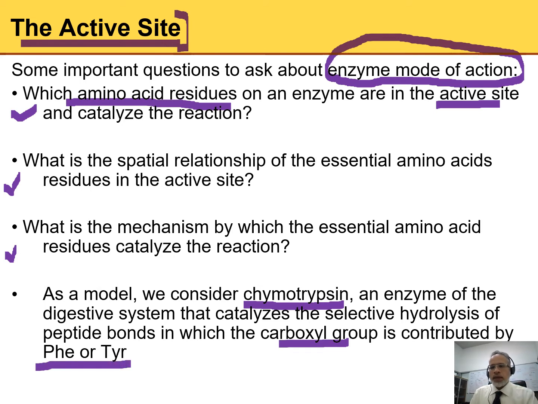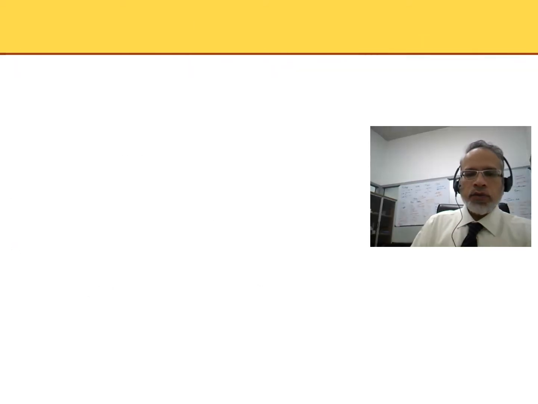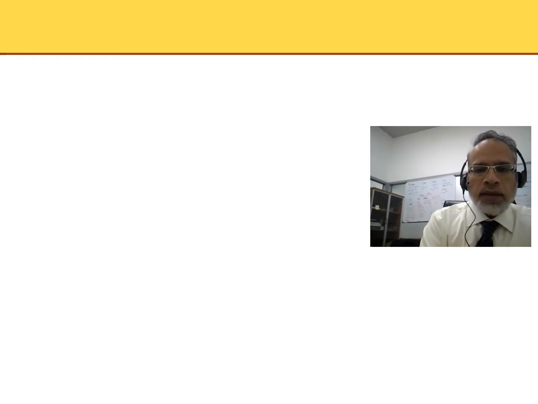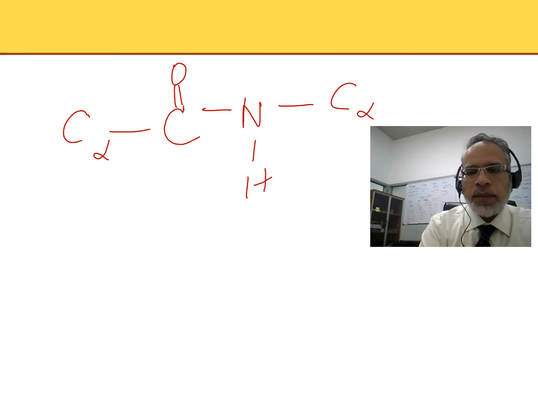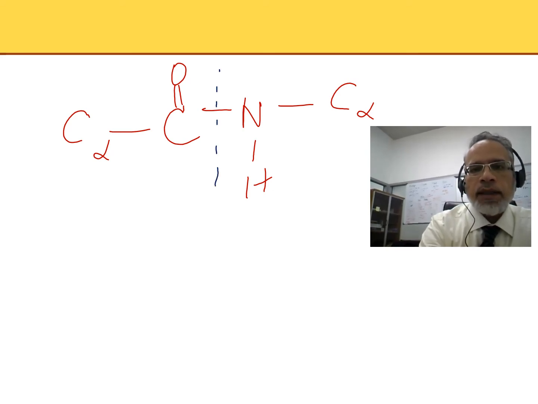So what does that mean? Suppose you have a peptide bond, which is C double bond O and N H. That's the peptide bond, and then you have C alpha here, and you have C alpha there. What chymotrypsin is going to do is break this bond, and it's going to do hydrolysis.